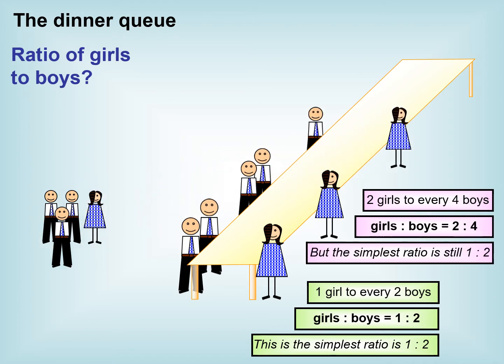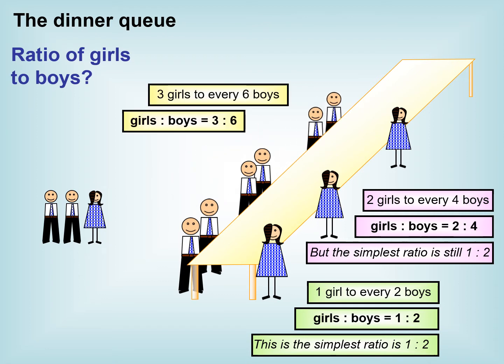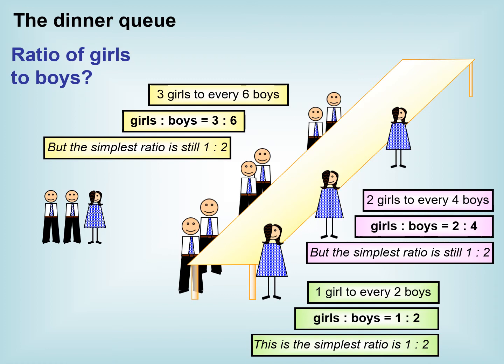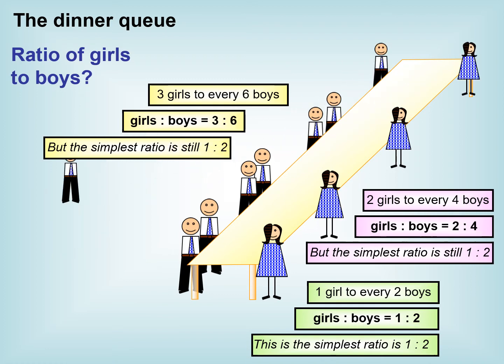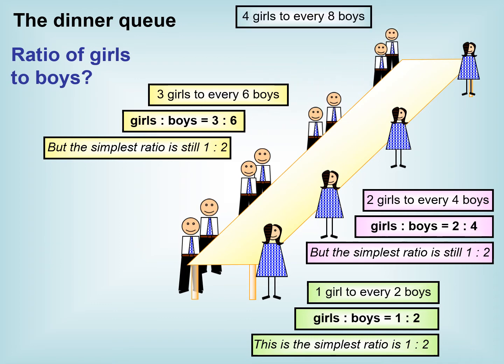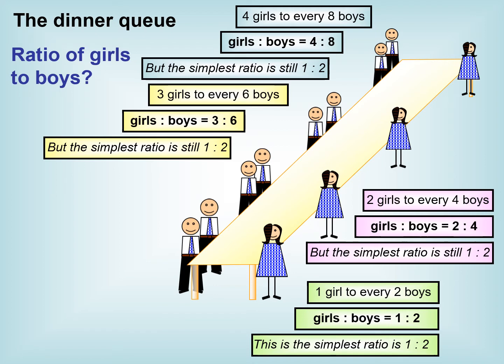In every three girls, we have six boys, so 3:6, or still in lowest terms, 1:2. And in every four girls, we have eight boys, so 4:8, or still the simplest ratio is 1:2. So we can conclude that 1:2, 2:4, 3:6, 4:8 are equivalent ratios.